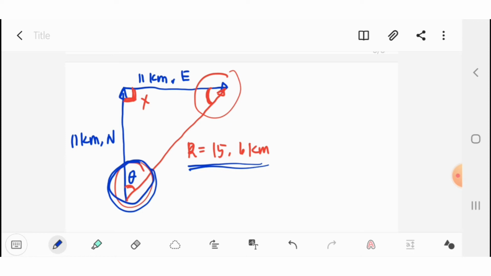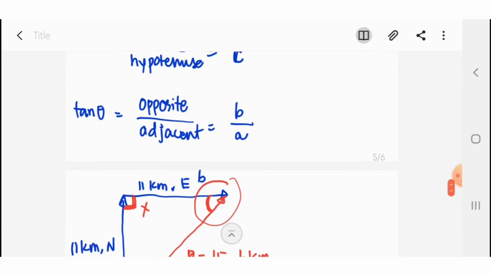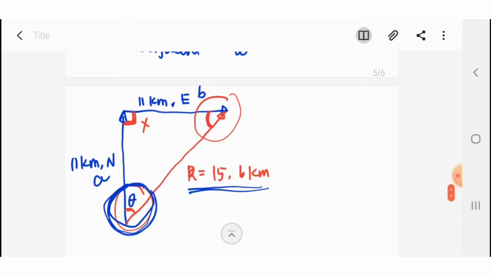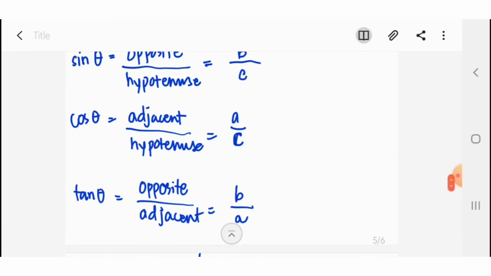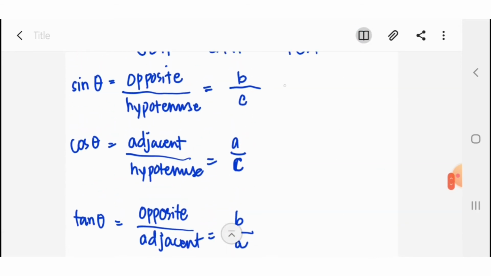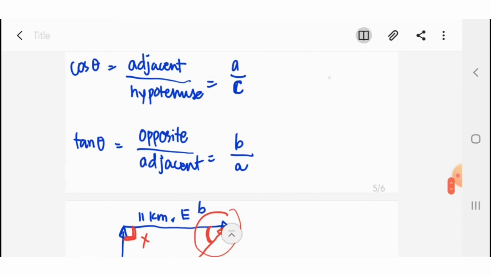We are going to choose this angle to determine the direction of the resultant. So if this is your angle, this is your side adjacent, and this is your side opposite. Looking at our diagram, R is our hypotenuse. We can choose either of the three functions that we have.